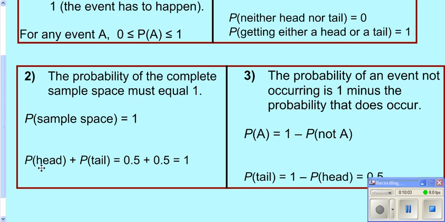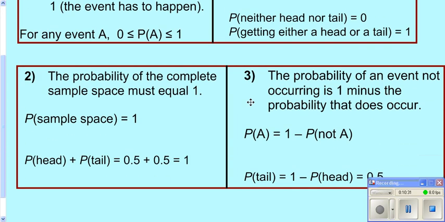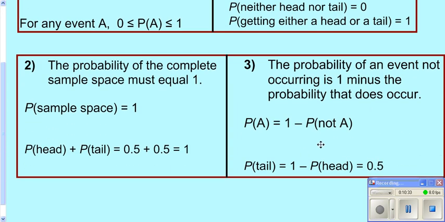Going back to your tails and your heads for your coin, it would be 50% plus 50% equals 100%, or 0.5 plus 0.5 equals 1. So it does add up to that. And that's what we were dealing with here. When we wanted to figure out what this is, we added them together and subtracted it from 100, because we know they all have to add up to 1.